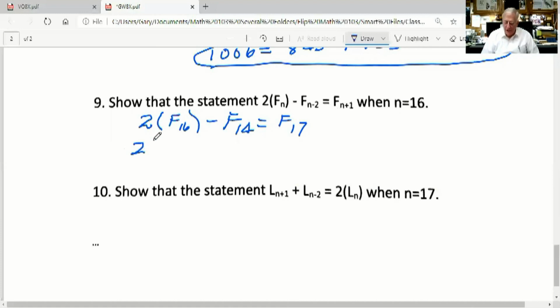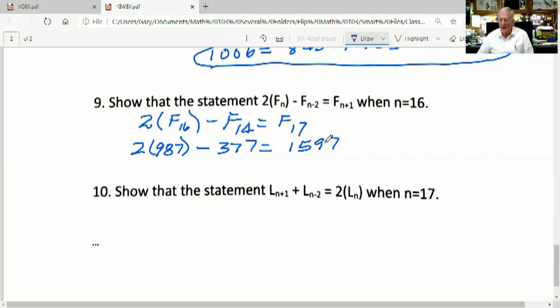So I look on my table for Fibonacci number 16, which is 987. From it, I'm going to subtract Fibonacci 14, which is 377. And according to this, I'm hopefully going to get Fibonacci number 17, which is 1597.